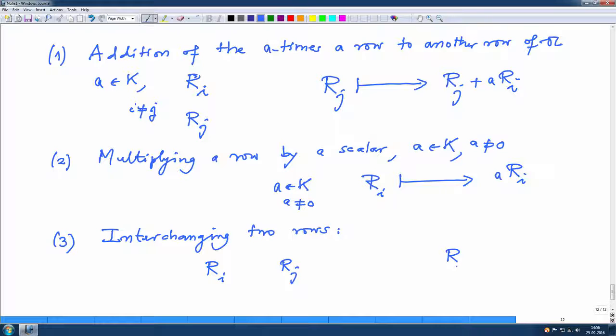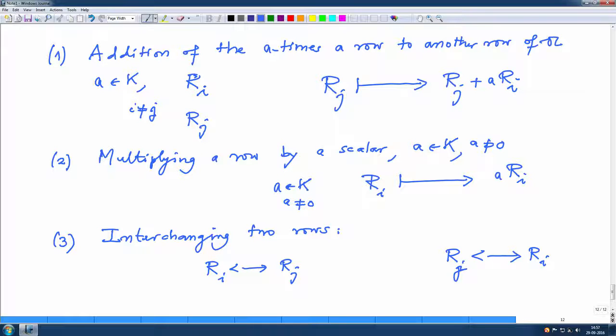So R_j will become the ith position, and R_i will become the jth position. They are only interchanging. So now the row space is also clearly not changing. So this way I am going to get a new matrix whose rank will be the same, and I will acquire more zeros. I will give a still more concrete example.